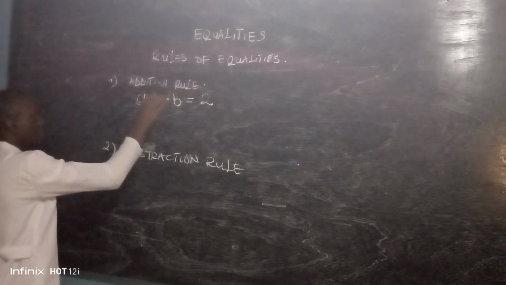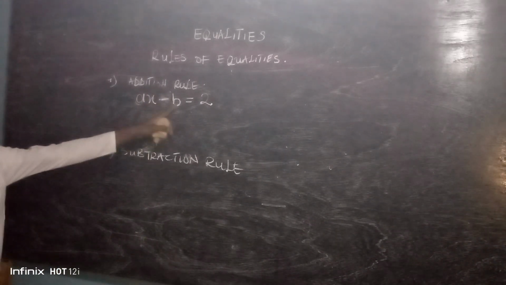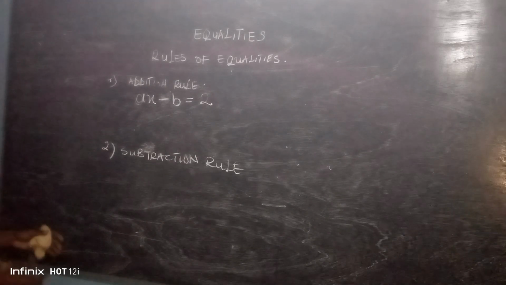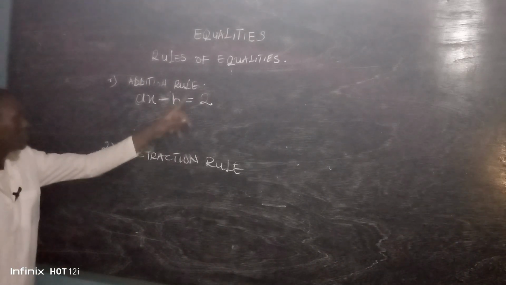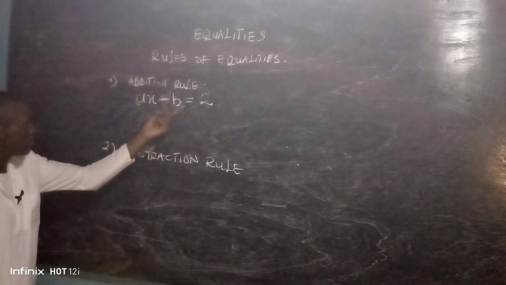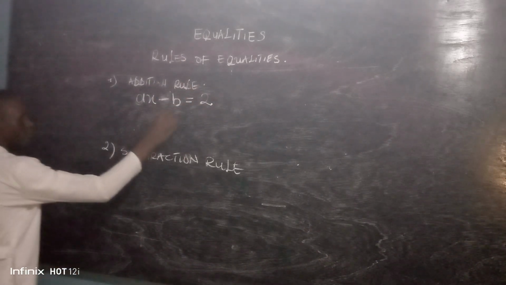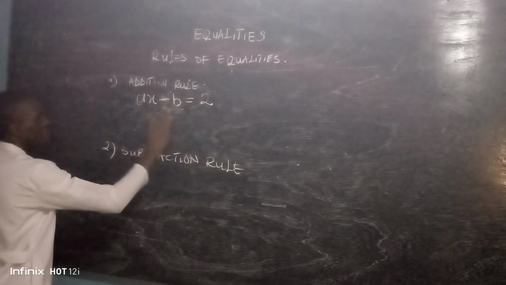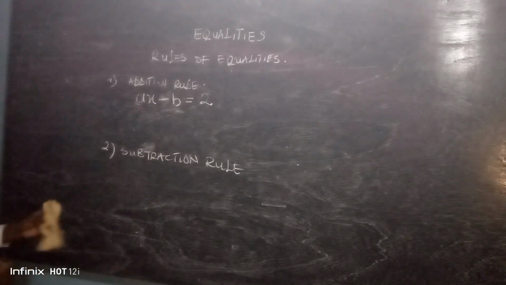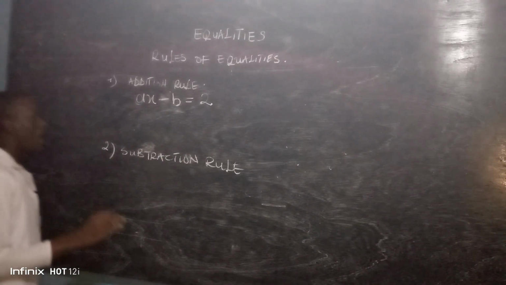Let me take this for instance. Let's say we have ax minus b equals 2, right? If I want to remove this term, this negative b, from the left hand side to the right hand side, using the addition rule of equality, I'm going to add.